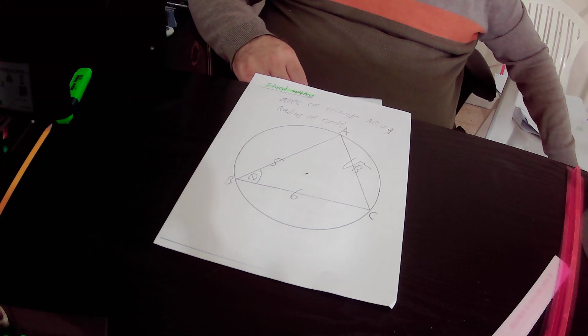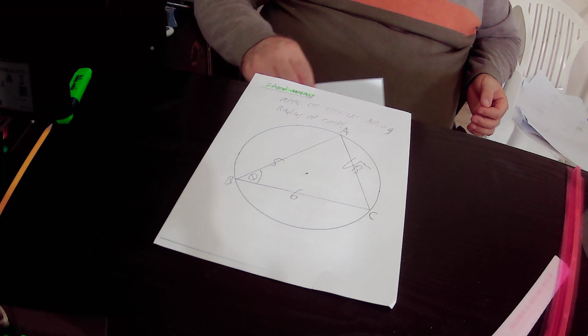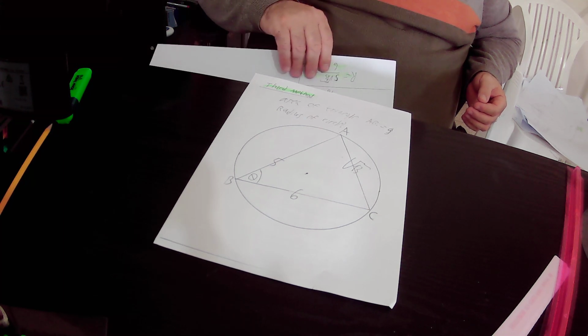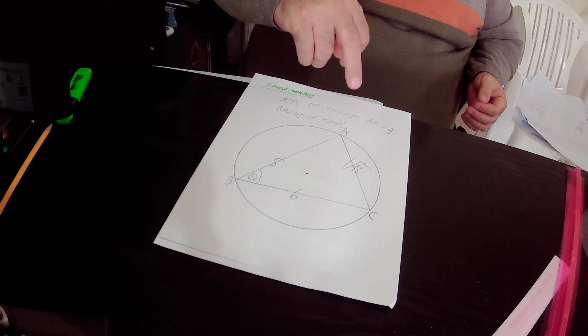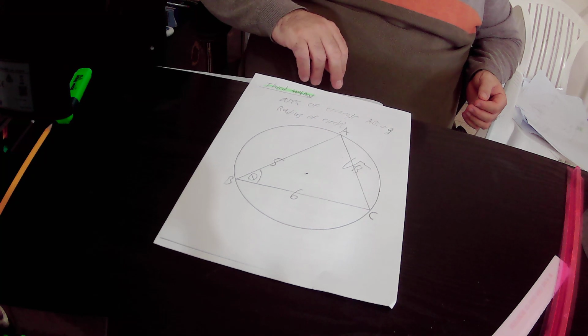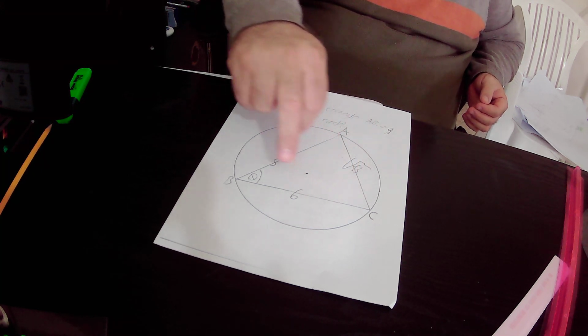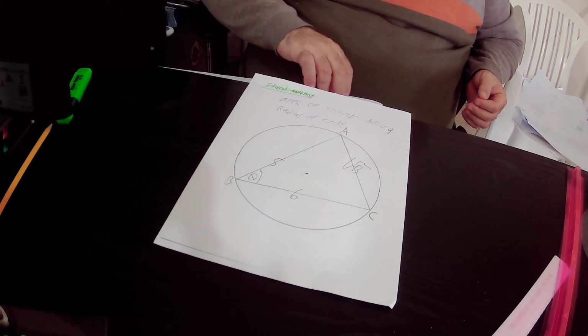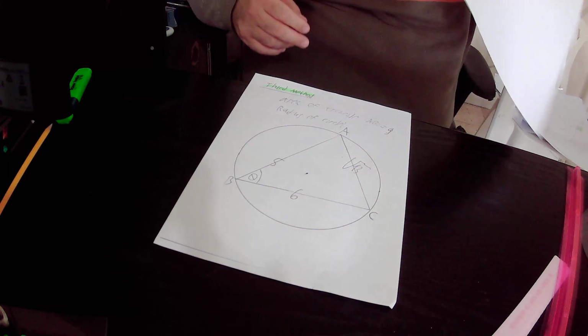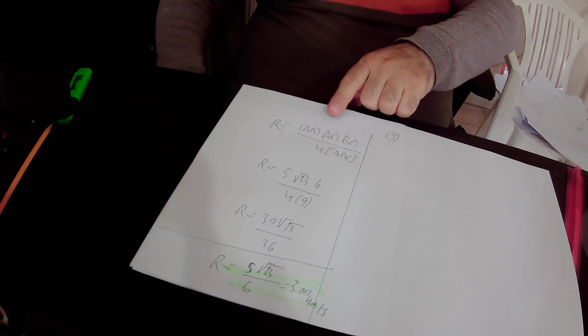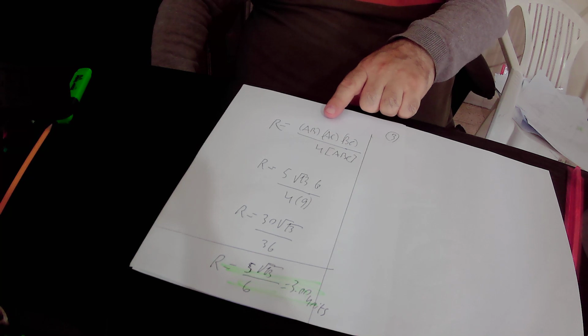Then I presented to you a new formula that gives us the radius of any circle that circumscribes a triangle, like in our drawing. The radius of this circle that circumscribes triangle ABC will be equal to the multiplication of the sides of the triangle that is enclosed by the circle.